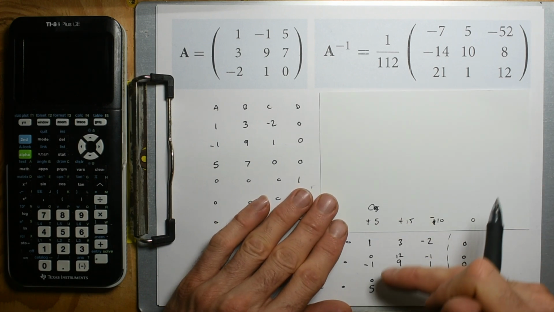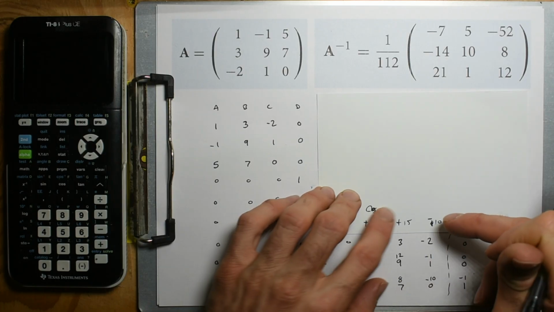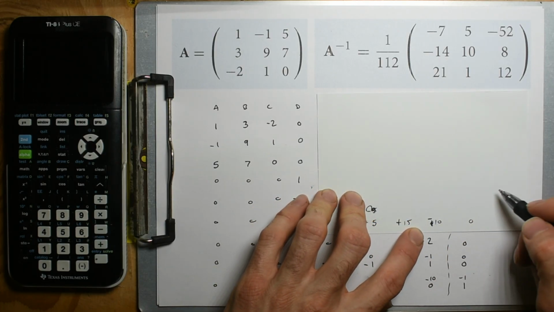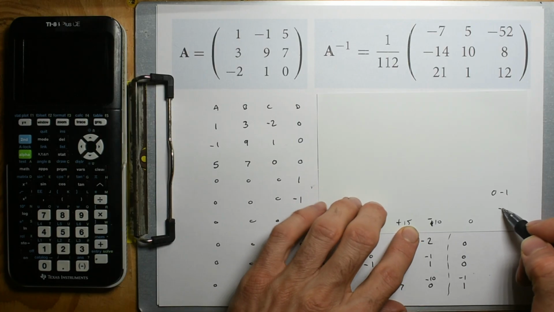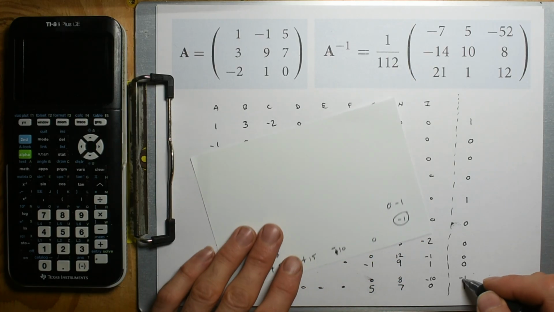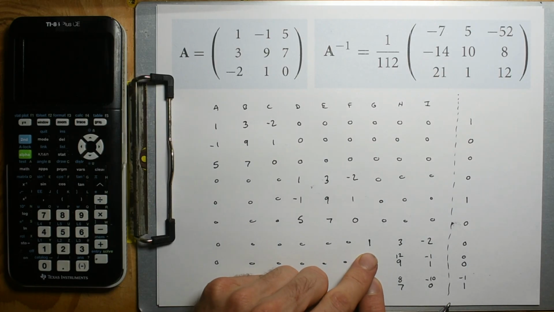And then if I'm subtracting, 5 subtract 5 is 0, 15 subtract 7 is 8, negative 10 subtract 0 is negative 10. 0 subtract 1 is negative 1, and that one gets me a lot. I might miss that sign. Okay, so now we got those to be zeros.